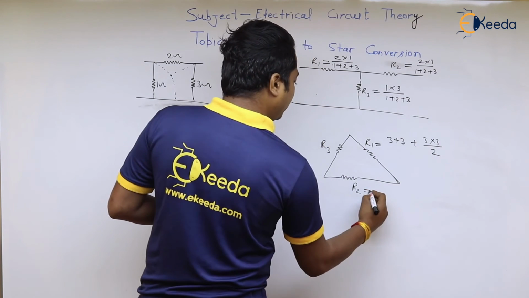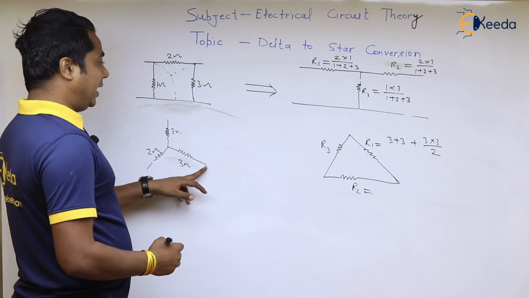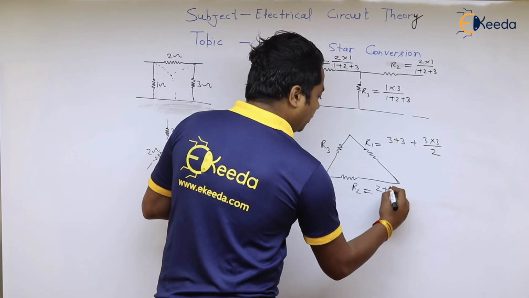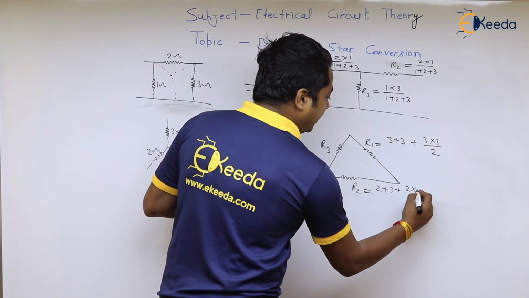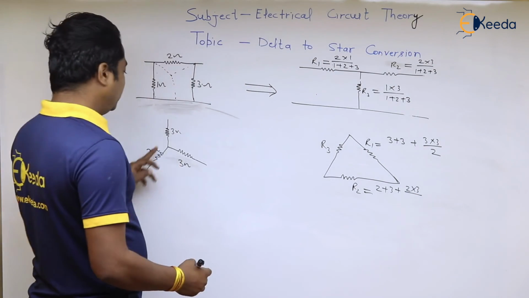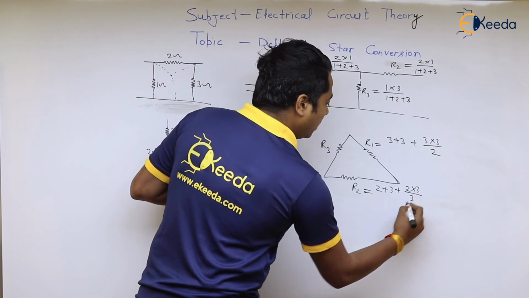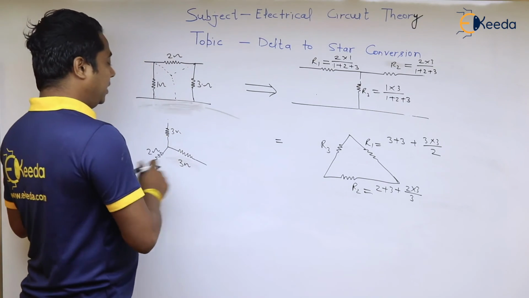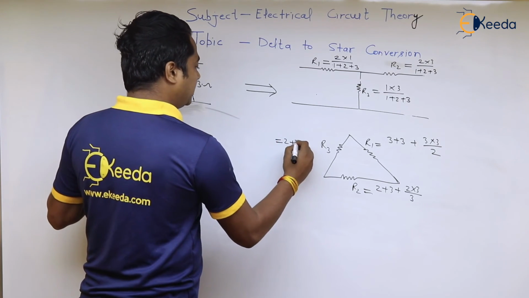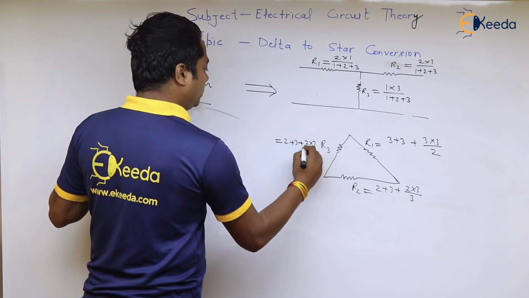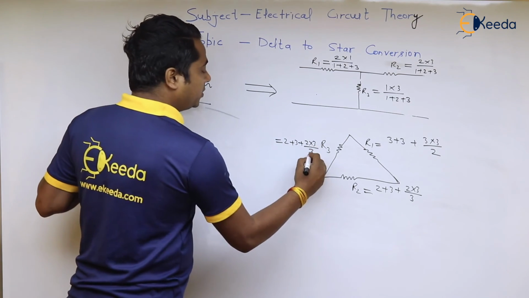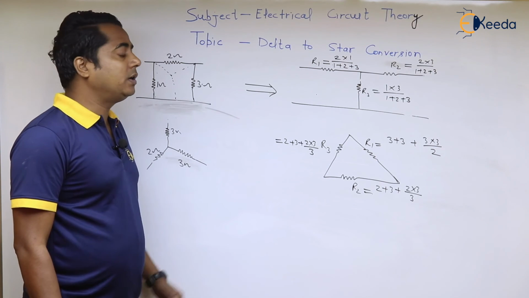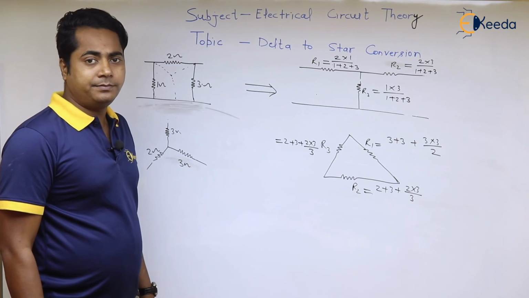The value of R2 will be equal to, how much? 2 plus 3 plus 2 into 3 upon 3. And the value of R3 will be equal to, R3 comes here, 2 plus 3 plus 2 into 3 upon 3. So here are all these values of R1, R2 and R3 without remembering the formula.